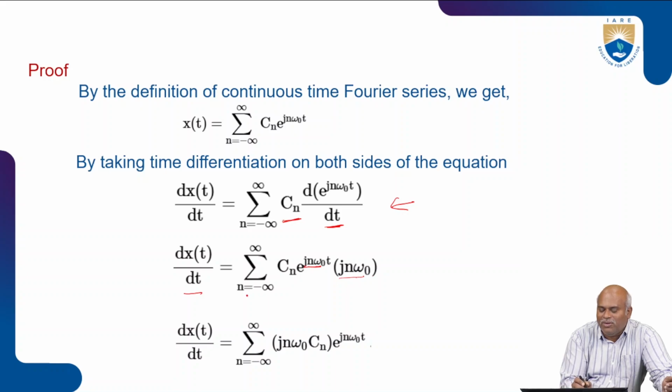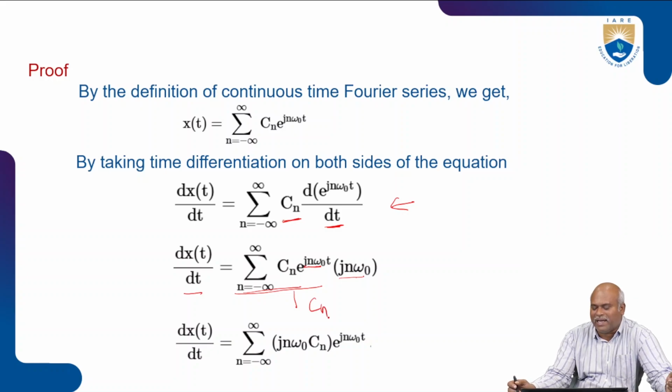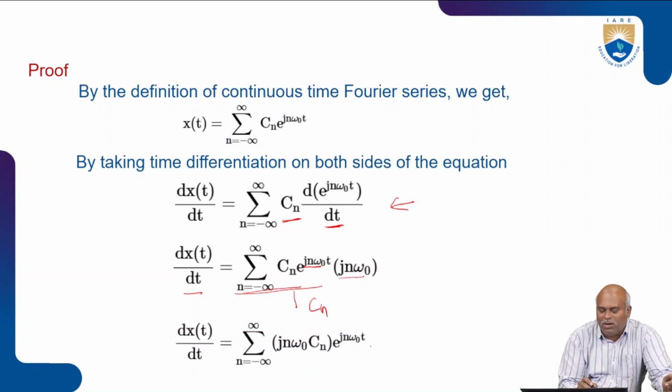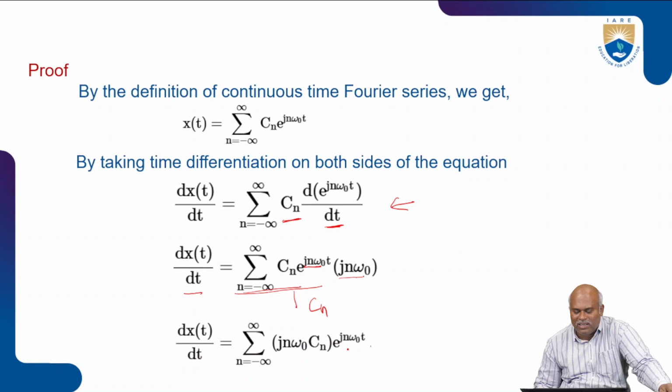Now we can think of what this is represented as, a c of n. So now d by dt x of t is equal to summation of n equal to minus infinity to plus infinity, in bracket, jn omega 0 c of n e power jn omega 0 t.